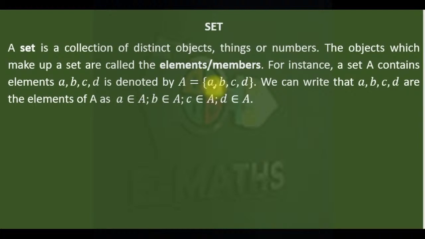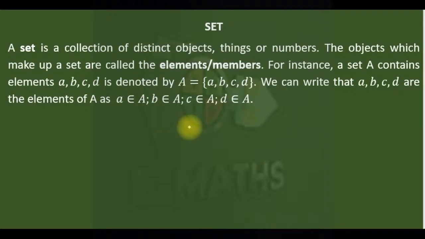Once you write the items inside, called the members, you enclose them in curly brackets. That's the bracket we use in sets. We don't use this type of bracket. So if someone writes A = (a, b, c, d), this is not a set.